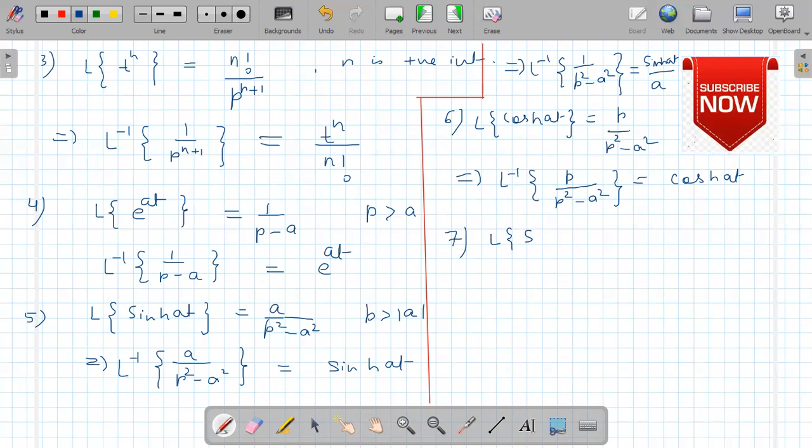Laplace transform of sin(at) is a upon p squared plus a squared. This implies Laplace inverse of 1 upon p squared plus a squared will be equal to sin(at) divided by a.